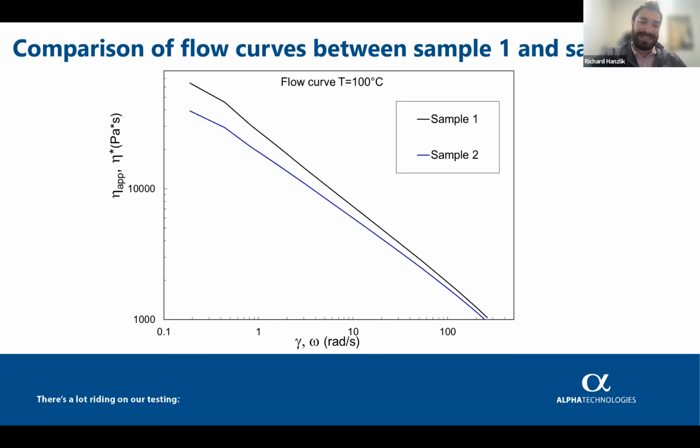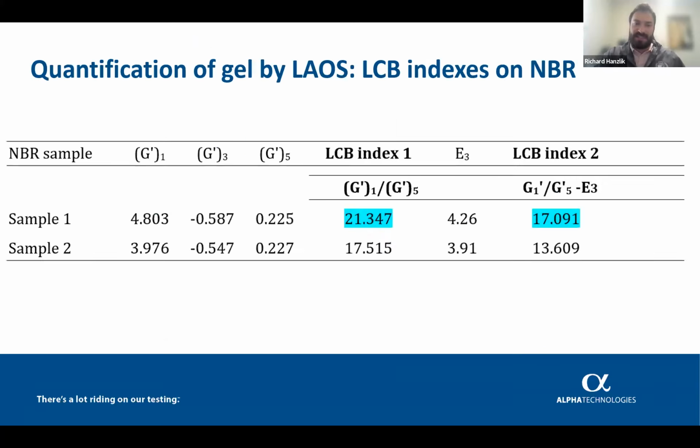So sample 2 is going to be easier to process than sample 1, which has a higher viscosity as we go through that shear rate. So this is making that link that this LCB index can be very useful for predicting the processability of a material and can be implemented into the quality control process and replace some other more time-consuming and very manual measurement techniques that are out there.